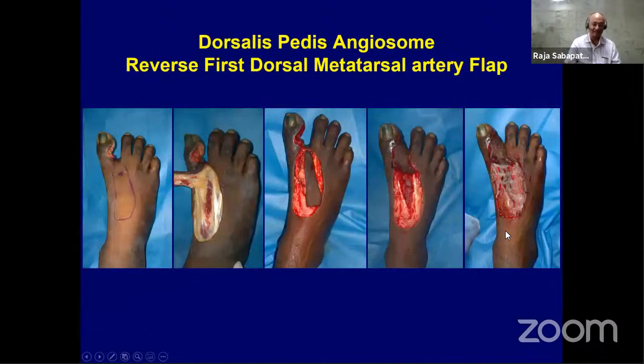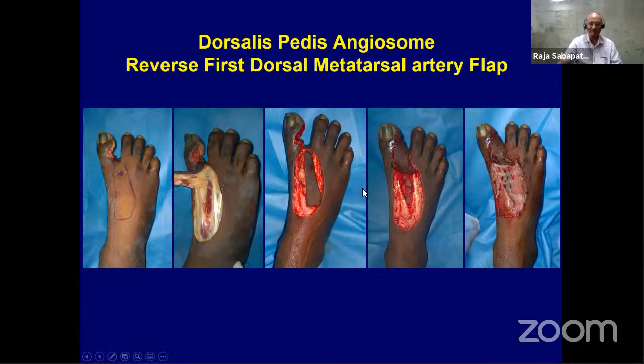But as I told you, I showed you some fancy flaps based only on the vessels. Here you find the dorsalis pedis goes there and dips in, and on the plantar side, you get this. But then you have a defect here, and quite often many of them will be happy to have this toe knocked out, but there will be certain people who say, I need to have the toe.